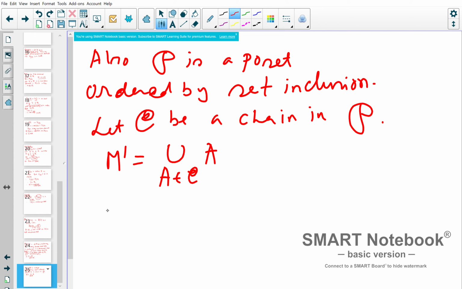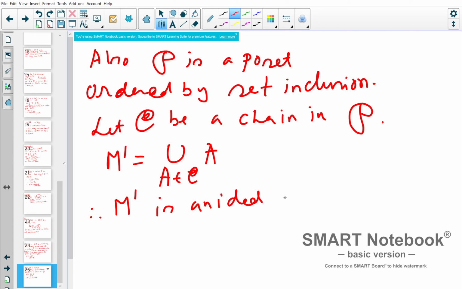Okay, so this M dash, now this homework you can easily check, M dash is an ideal, because this is a union of ideals where each of those is in the totally ordered set C. So the union has to be an ideal.